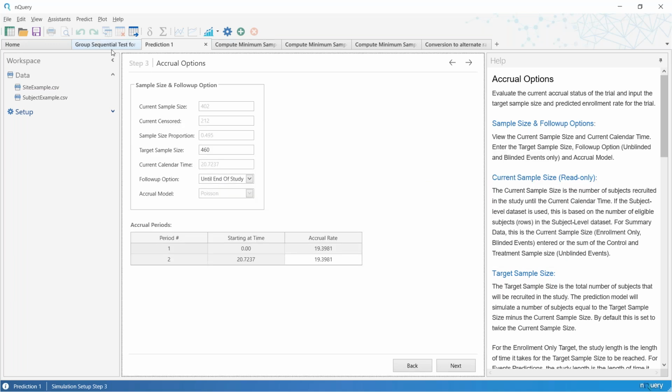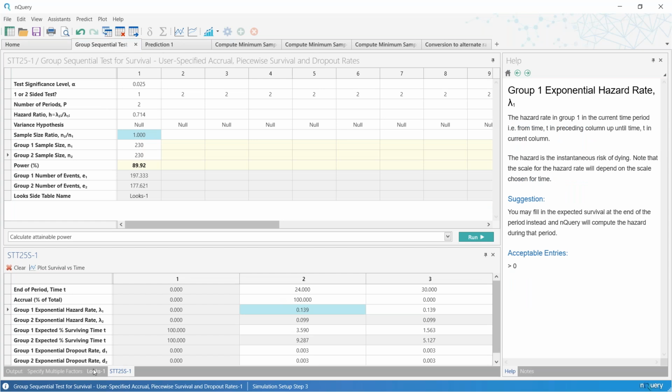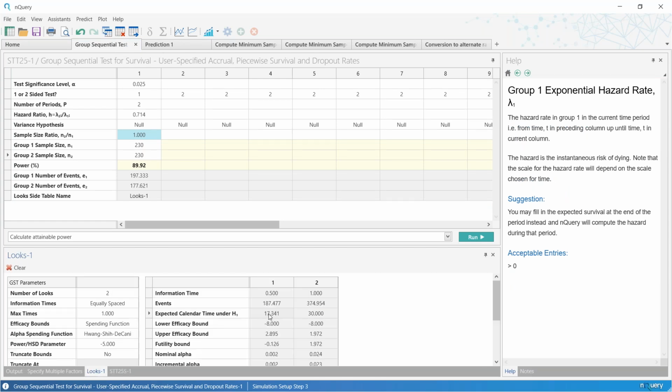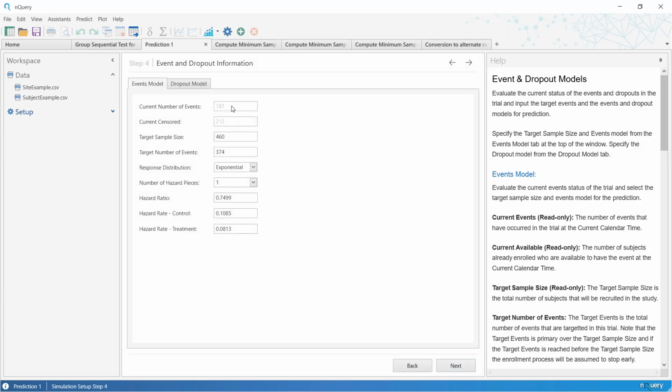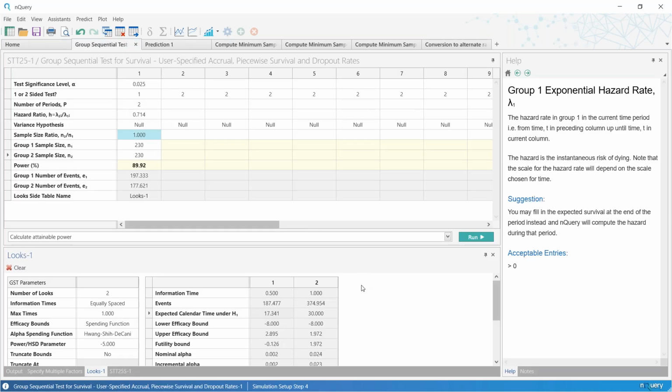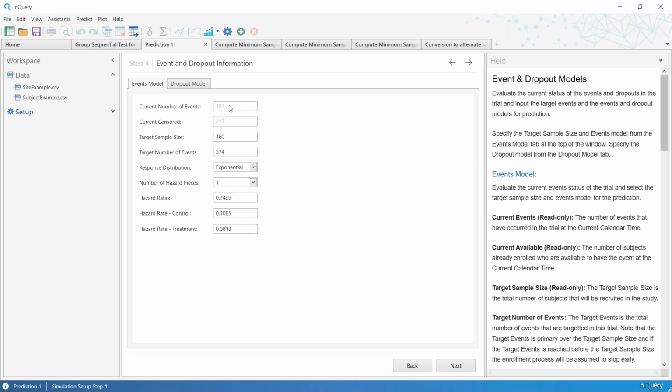Remember, we were initially targeting our interim analysis around 17.34 months into the study, and now we had to wait until 20.7 months. So about 3 extra months have passed over where we were hoping to do the interim analysis, to reach the interim target number of events, the 187 events that we were initially looking for. It's taken 3 months more than expected to get to that target and to do this interim analysis.